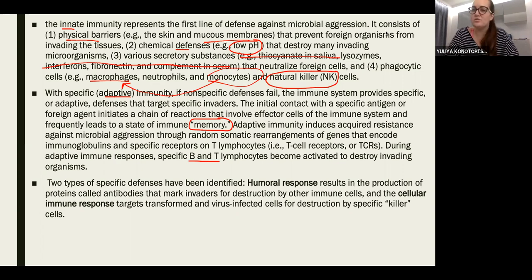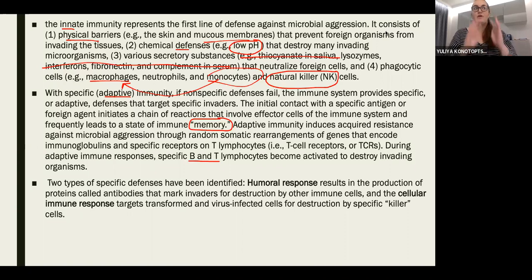Okay, it's just watching for antigens. It's just looking for them. And once it's found the antigen that it was looking for, then this B lymphocyte gets activated and turns to become plasma cell, and this plasma cell will make the antibodies against that specific antigen that it has encountered, right?